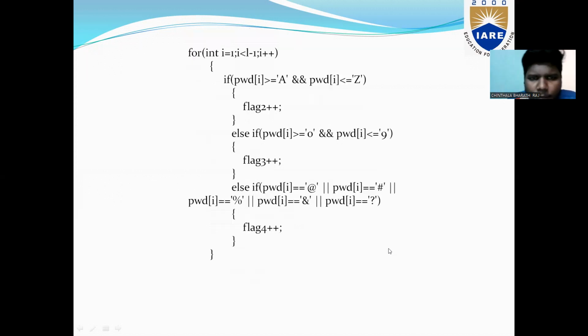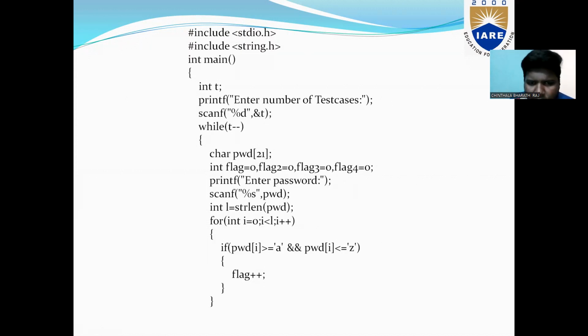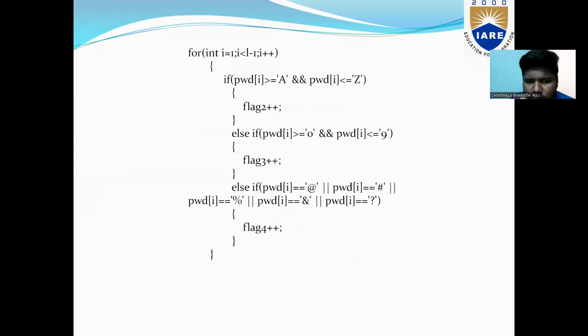Now for int i equal to 1. In this case, we are taking i equal to 1 because in the previous case we took i equal to 0, as we don't need the first letter as a capital letter. That is why we are taking that. In this, i equal to 1 and i is less than l minus 1, length of the string minus 1, and i plus plus.